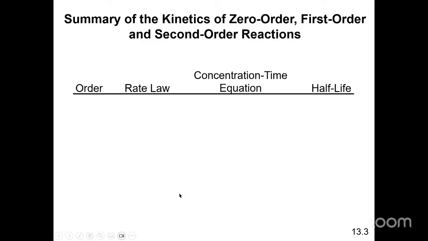So just to summarize, for a zero order reaction, the rate law is rate is equal to k, and the equation which relates the concentration to time is concentration of A is equal to the initial concentration of A minus kt, and the half-life equation is what you see here: half-life is equal to the initial concentration of A over 2k.